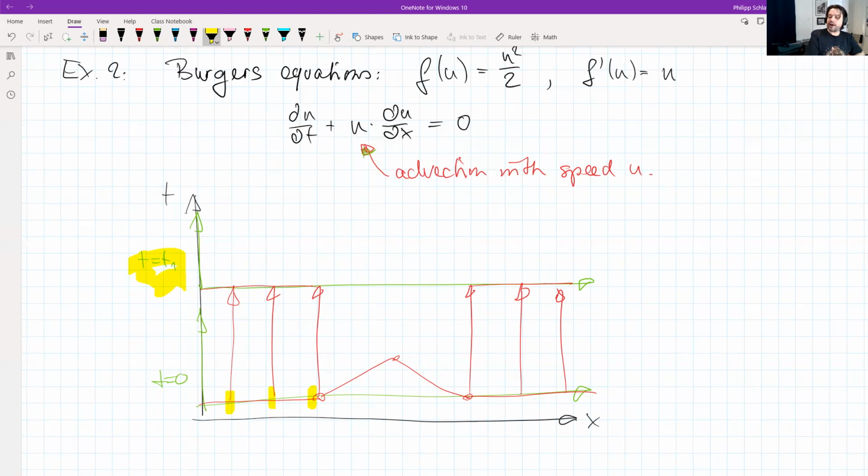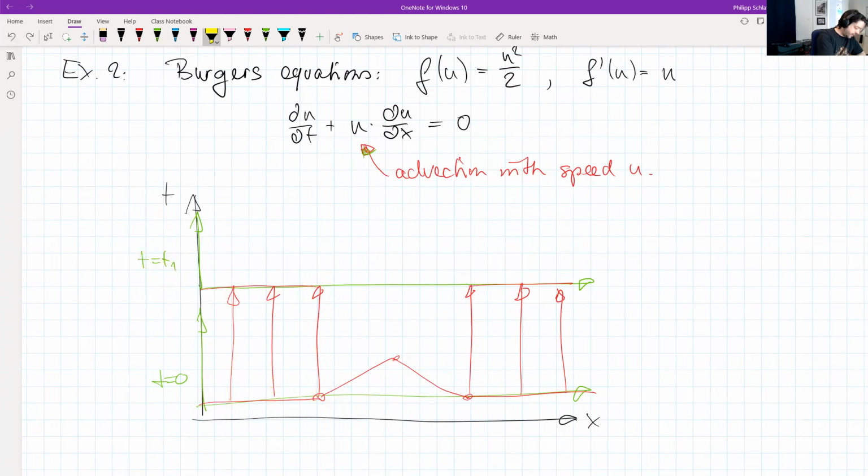But essentially, without changing its solution, it will propagate just along the t-axis. So something like this. So that means at t1, at these points here, I will have exactly the same solution I had before, namely the solution 0.